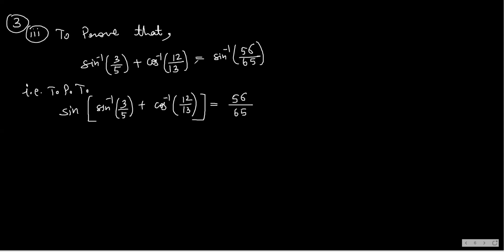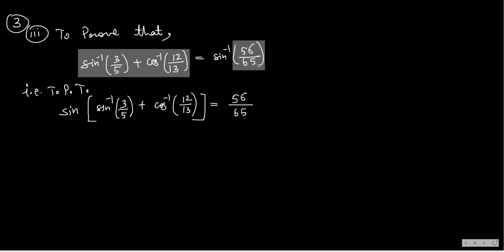What I did is very simple. If I consider this whole thing to be theta, and this I consider to be alpha, then I have theta equals sine inverse alpha. So if theta is sine inverse alpha, alpha is sine of theta. The same thing I have done.